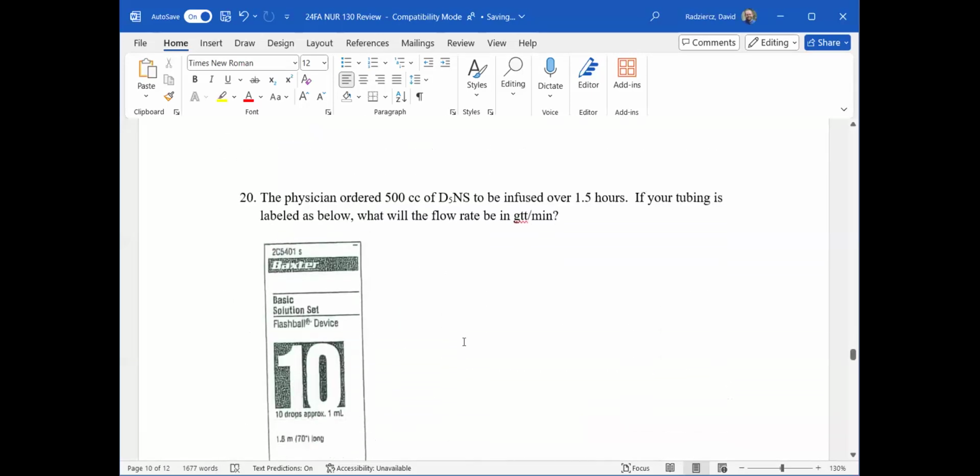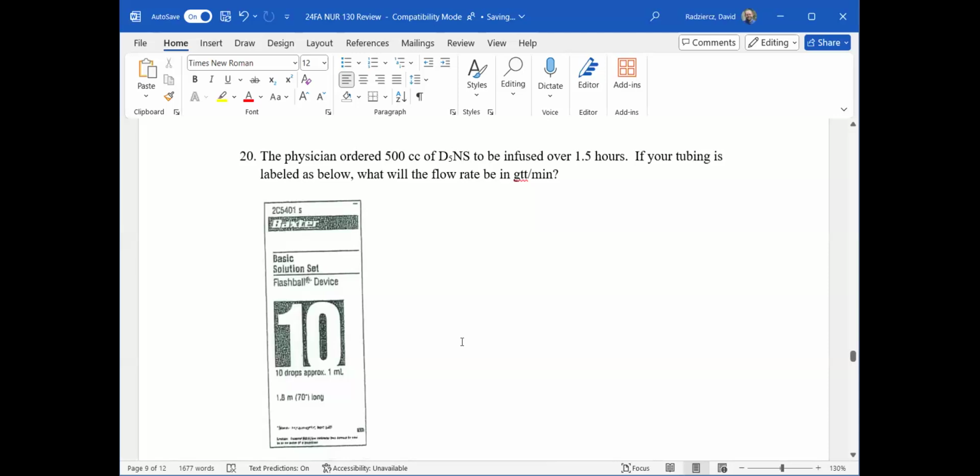All right. So the next evolution of flow rate is our drop rate. Drop rate is a type of flow rate, but we're getting a different rate. In this rate, what we're looking for is drops per minute. The way that they abbreviate drops is GTT. So you'll see it says GTT per minute.